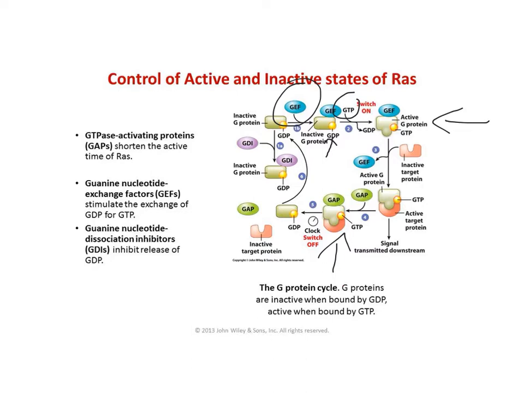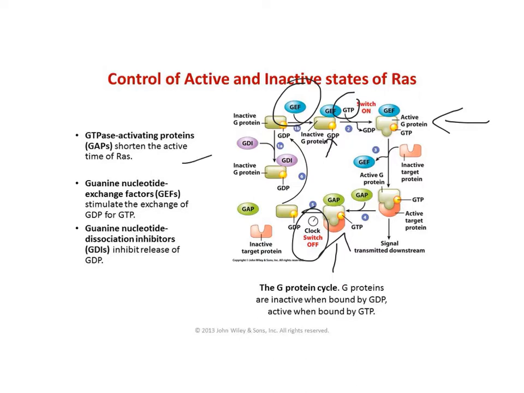They're often described as putting a timer on something like RAS so that ultimately it's turned off after a certain period of time. So GAPs shorten the time it takes for RAS to hydrolyze GTP to GDP, essentially turning it off.